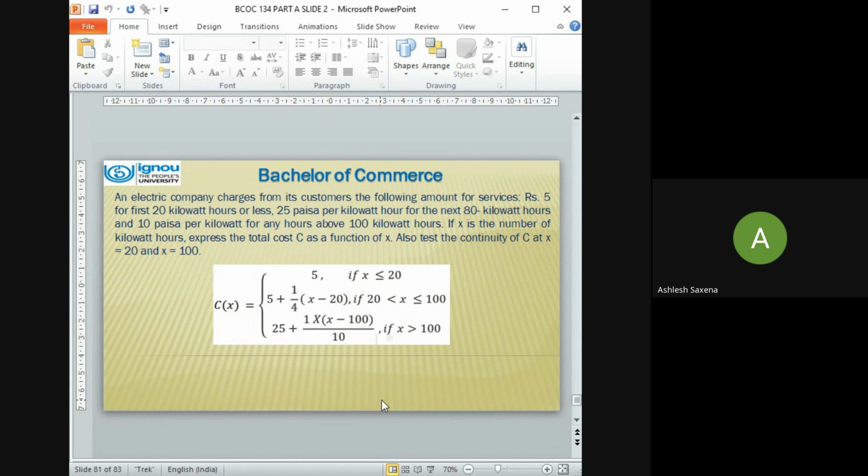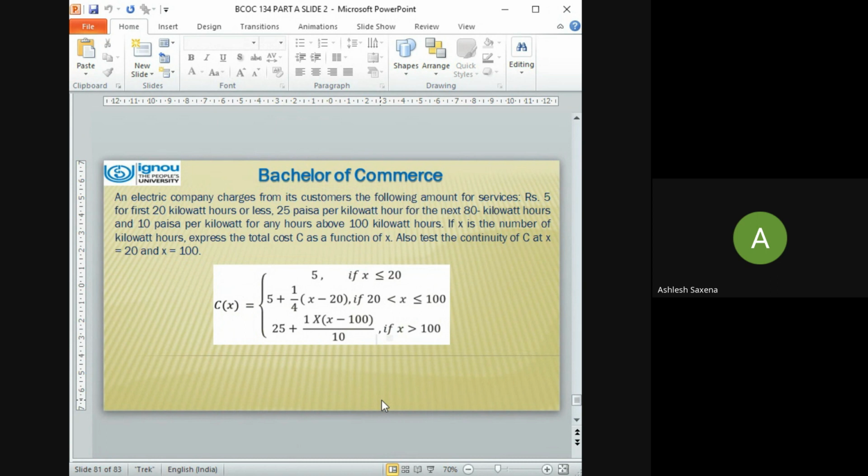That means your billing has been done in three parts. The first part is up to 20 kilowatt hours, that is 20 units. The second is from 20 to 100, the next 80. And the third is anything above.